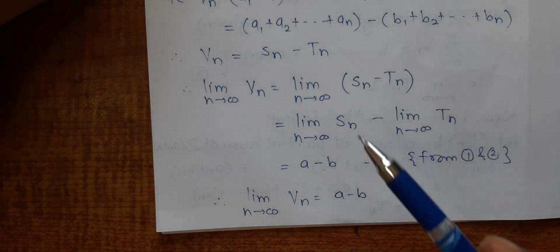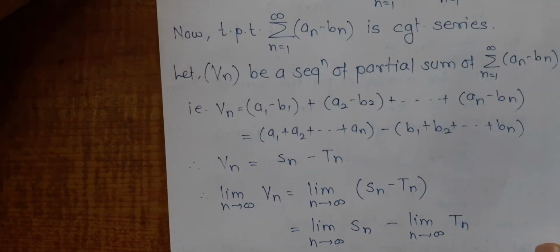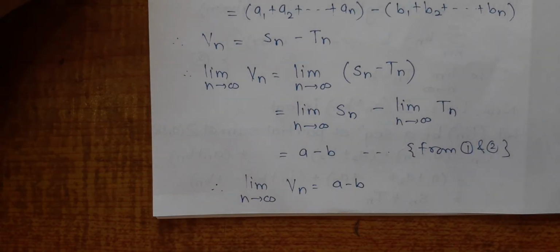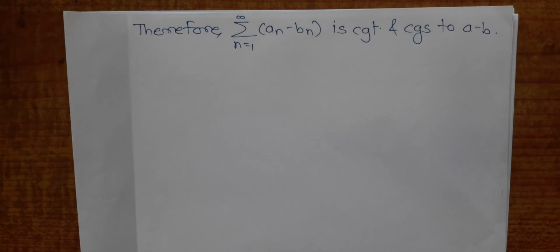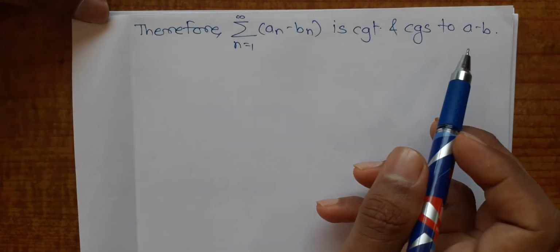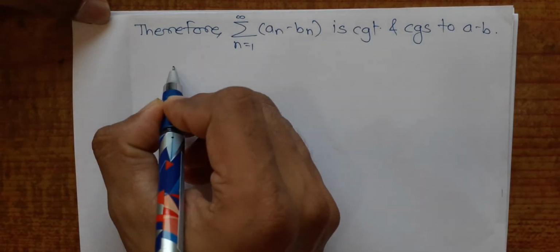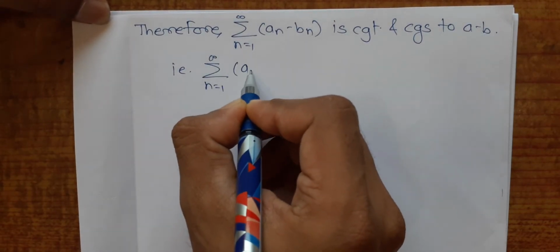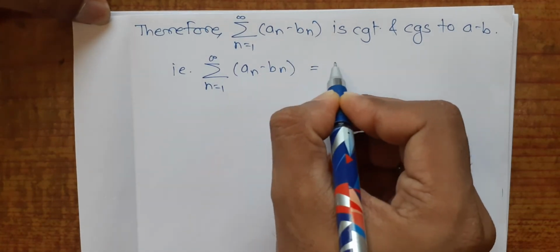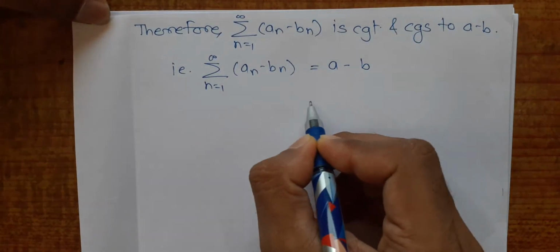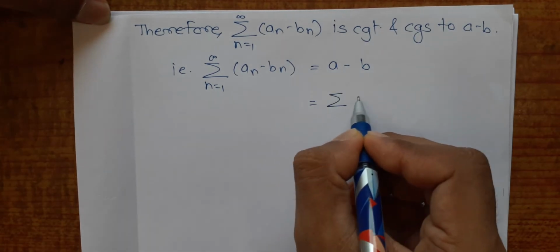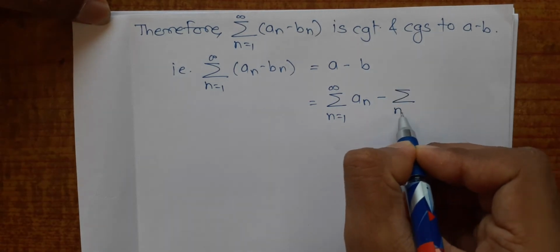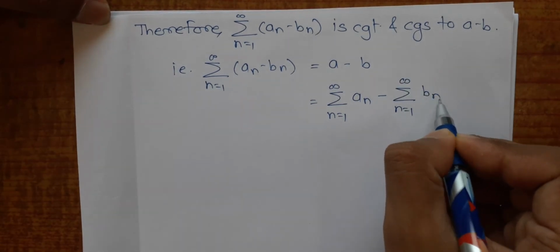So that means the sequence of partial sums V_n converges to A minus B. Therefore the corresponding series, the series of V_n, which is summation (a_n minus b_n), is also convergent and converges to A minus B. That is, the value of this sum is nothing but A minus B. But A is nothing but summation a_n and B is nothing but summation b_n, again from 1 and 2.